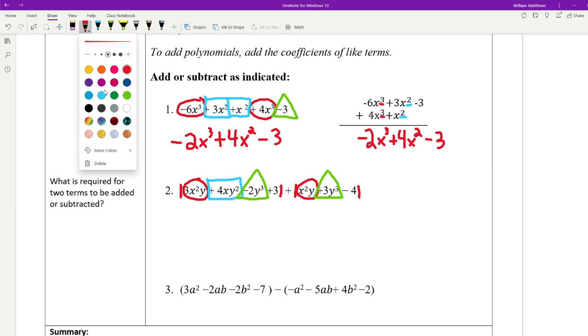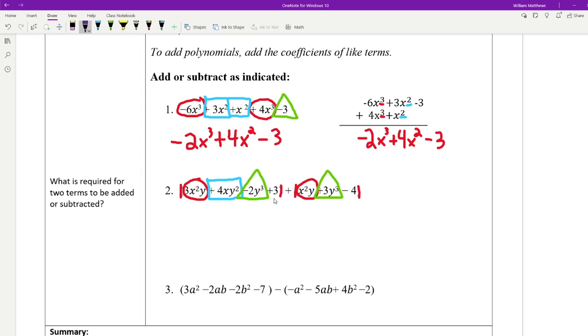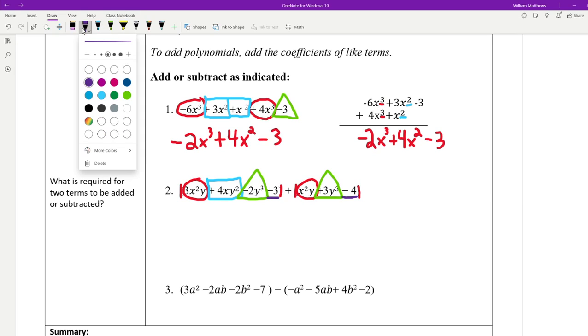And I have to get another color for this. Let's keep it simple. And then our constant, if we see, we have the plus 3, and we have the negative 4. So now that we mark this all up, we can combine our like terms.